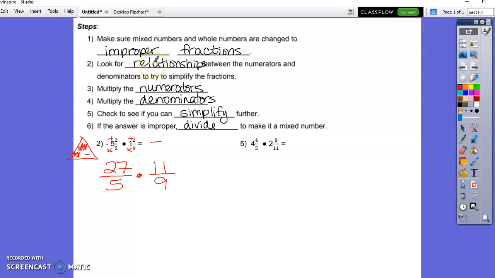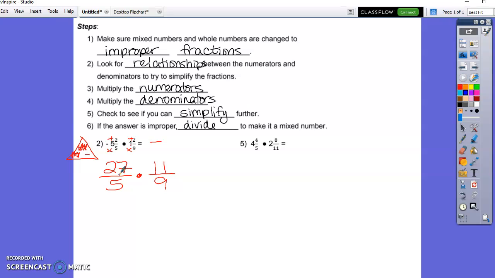Now look for my relationships. So 5, 11, these are both prime, so there's not going to be a relationship here, okay? 9 and 27, however, there is, right? What do both of these divide by? They both divide by 3. If you say that, you're good. However, a better number is 9.